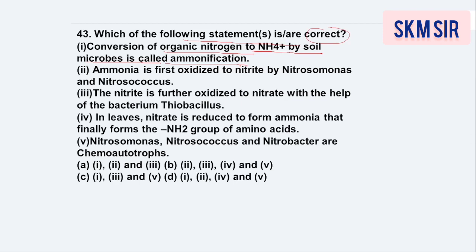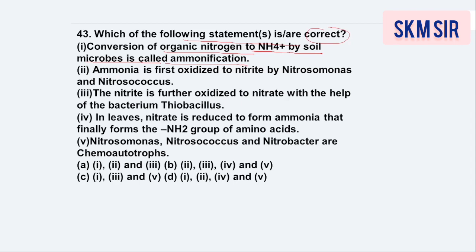Is the very first statement, that is ammonification's definition, correct or wrong? The conversion of organic nitrogen to ammonia by soil microbes is called ammonification. So this statement is actually correct, dear students.